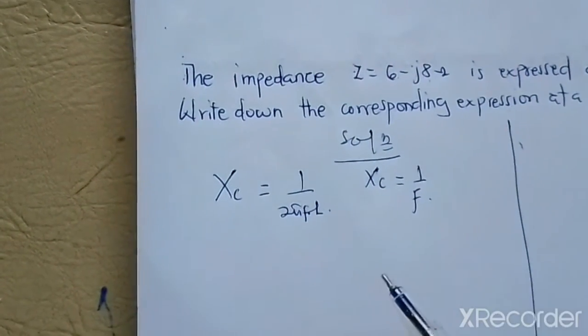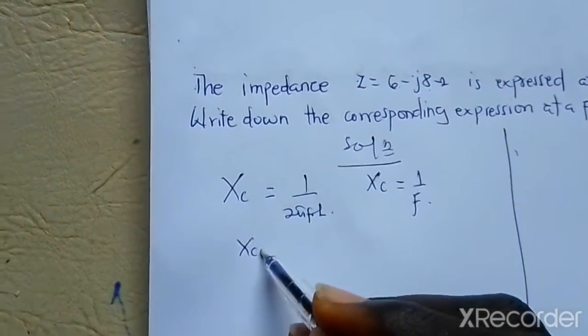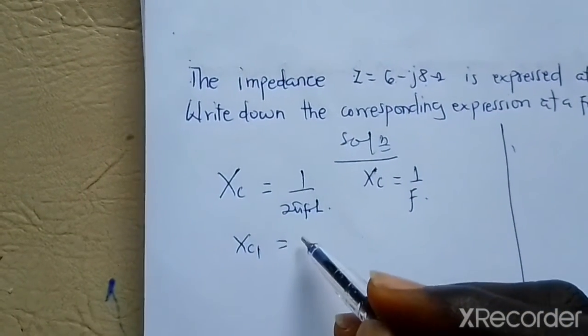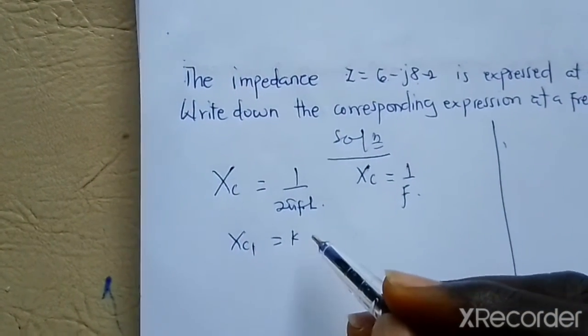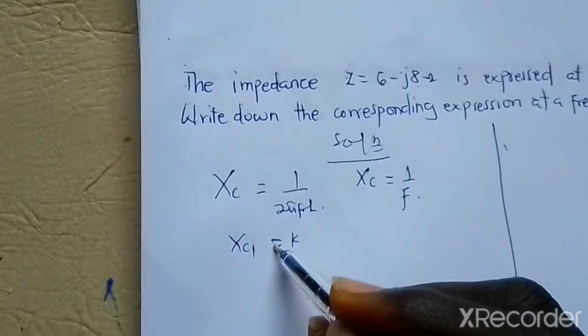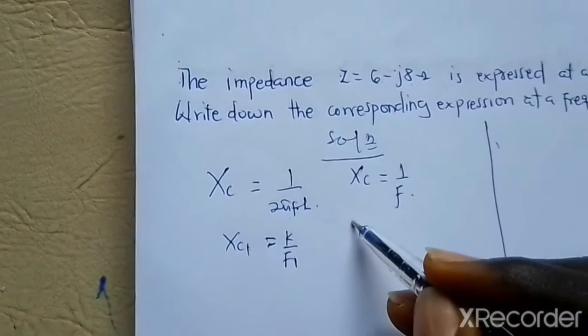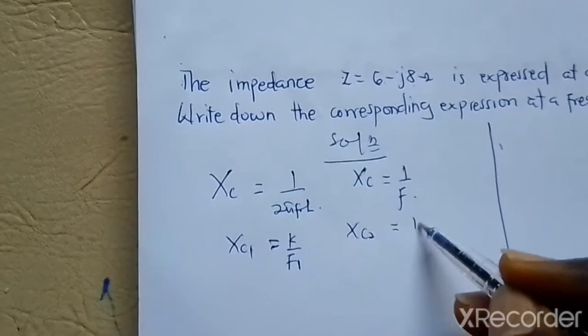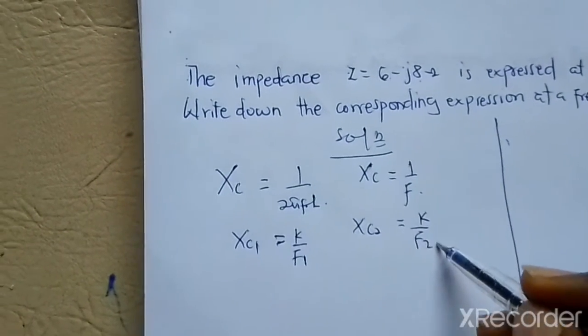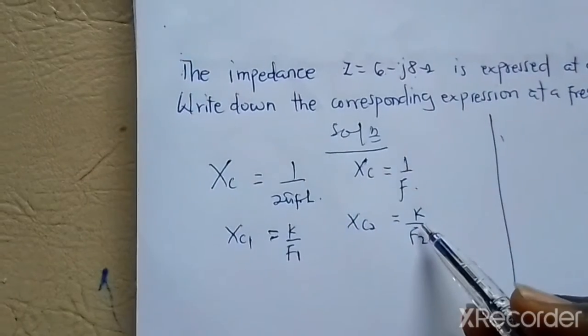So making an equation, I'll have XC1 equal to K over F1, introducing K as a constant of proportionality, then XC2 equal to K over F2. I can equate the two K's.